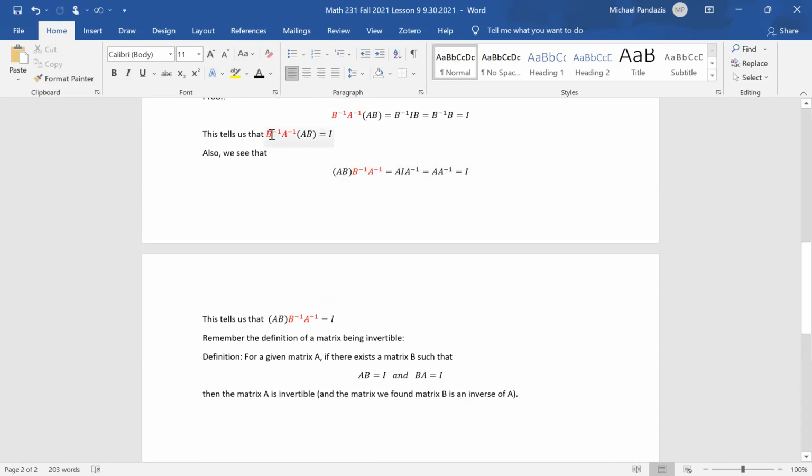So what did we do? We found that B inverse A inverse, where B inverse is a matrix and A inverse is a matrix, is one matrix.